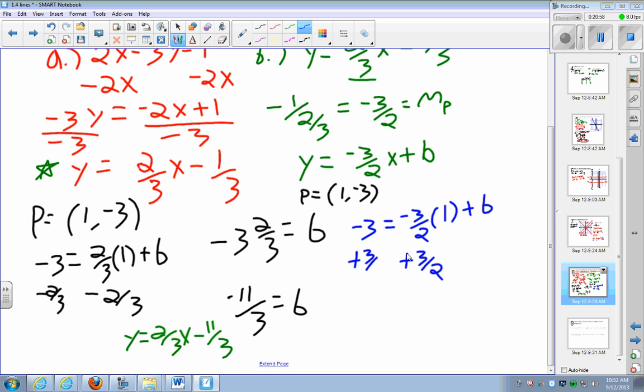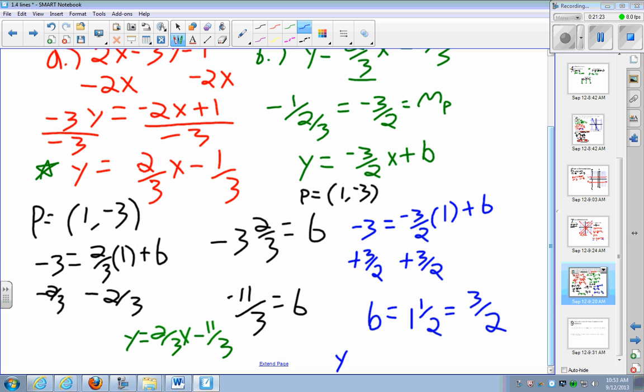Add 3/2 over here. And so we'll get b is equal to negative 1 1/2, which ends up equaling negative 3/2. Okay, and so that's our b. Now all we have to do is write it in slope-intercept form.